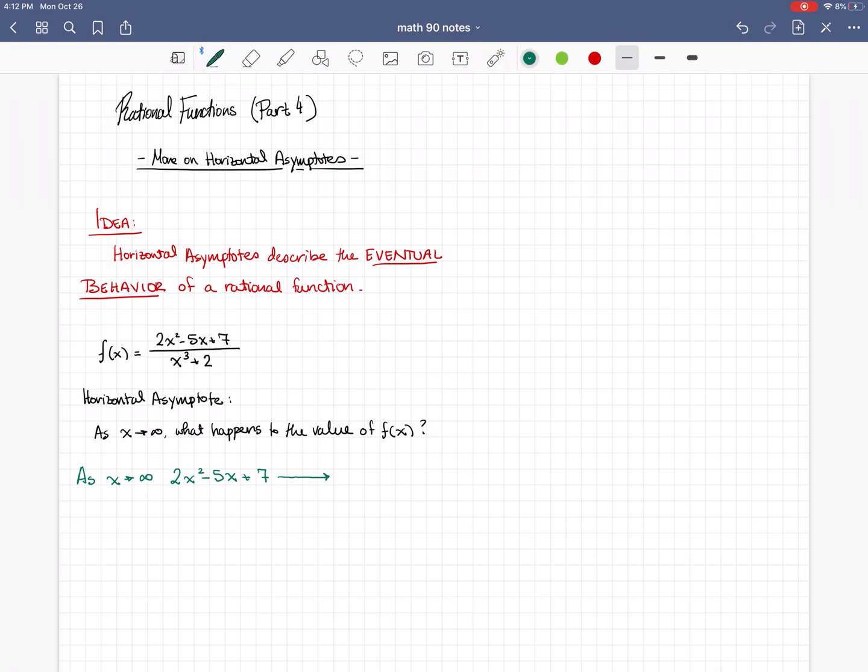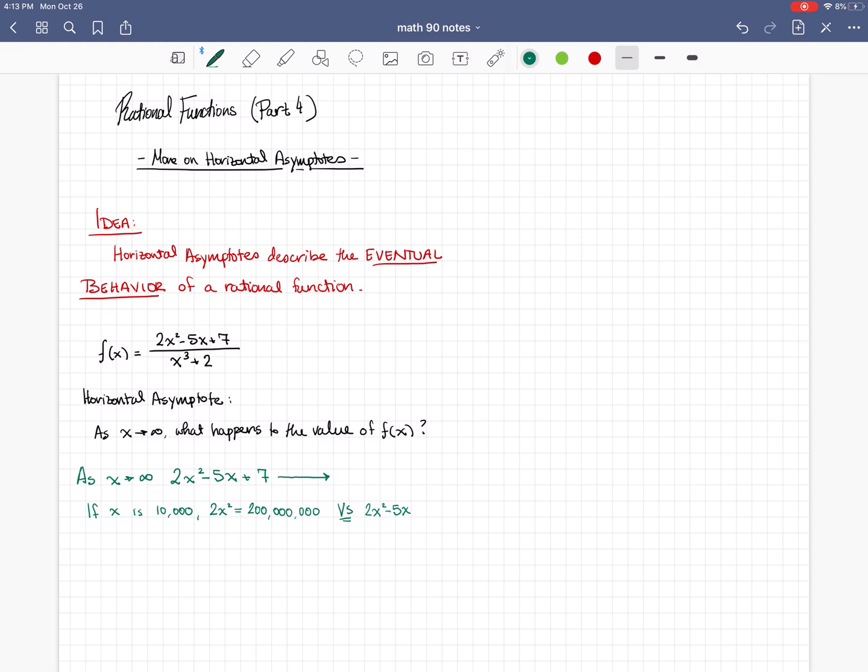So I want to show you this, and we talked about this in one of our Friday sessions. If x is 10,000, 2x squared is 2 times 100 million, so 200 million. It's a pretty big number. Versus 2x squared minus 5x.